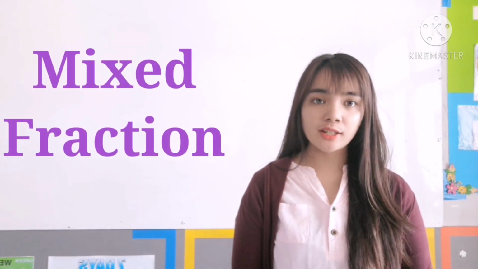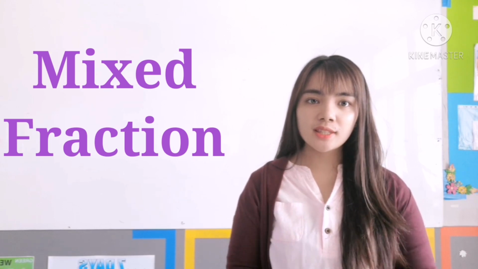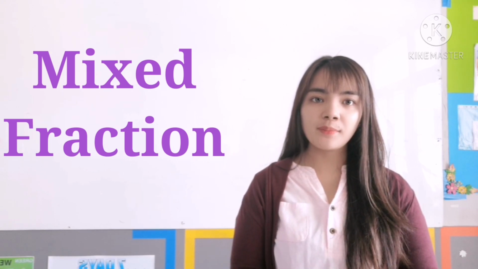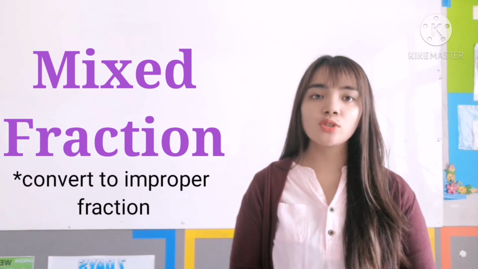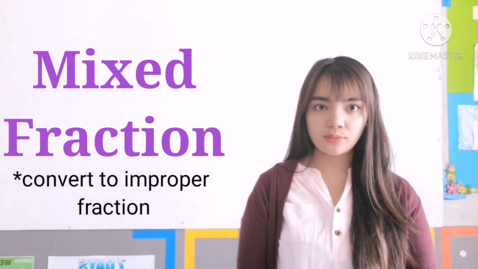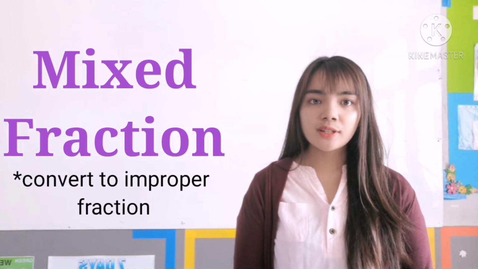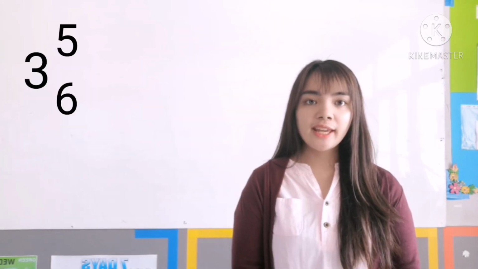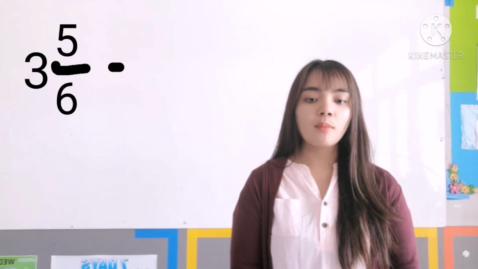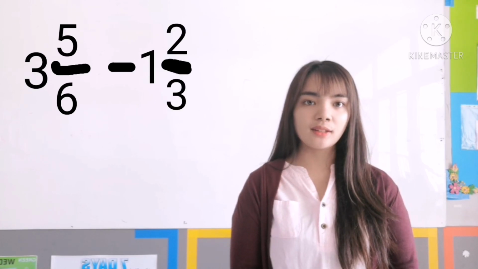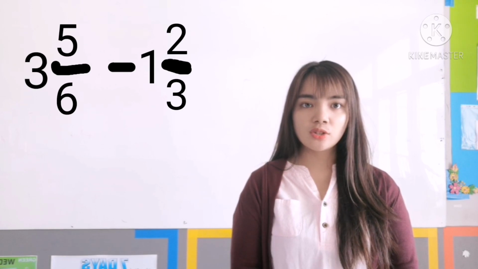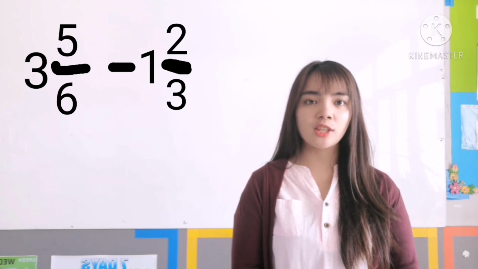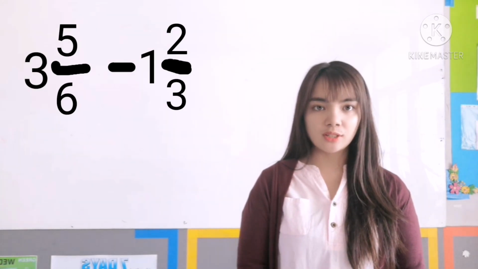So what if we have a mixed fraction? The first step that we need to do when we have a mixed fraction is to convert it into an improper fraction. For example, we have 3 and 5/6 minus 1 and 2/3. First step, we need to convert this mixed fraction into an improper fraction.